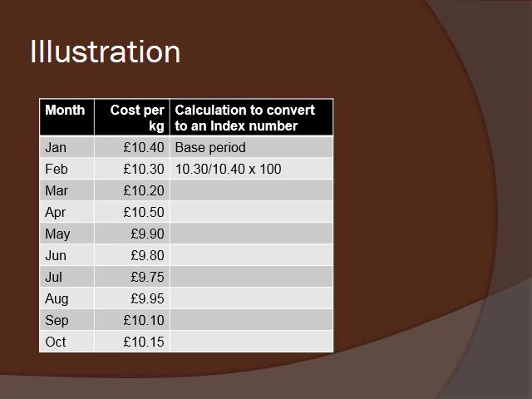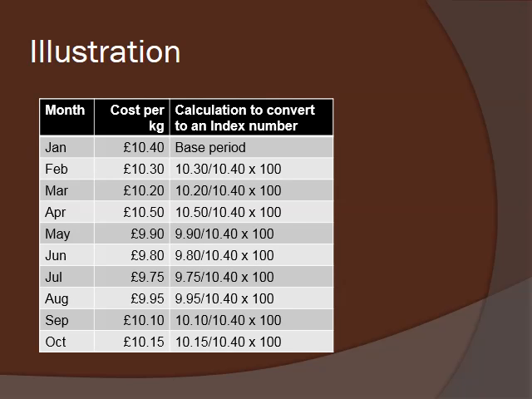So we take the value of £10.30 and divide it by January's cost, which is the base period of £10.40, and multiply by 100. And we do the same for all of the other months in the period. You'll notice in each case we're dividing by £10.40, that base period.